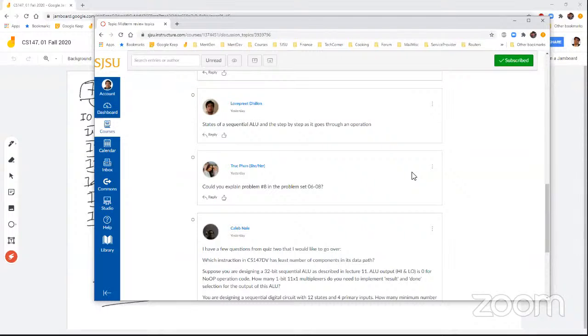I would put it in a different way: you should be able to construct the data path given the situation. That is the target. I would suggest not trying to remember things, but understanding how these data paths are constructed.